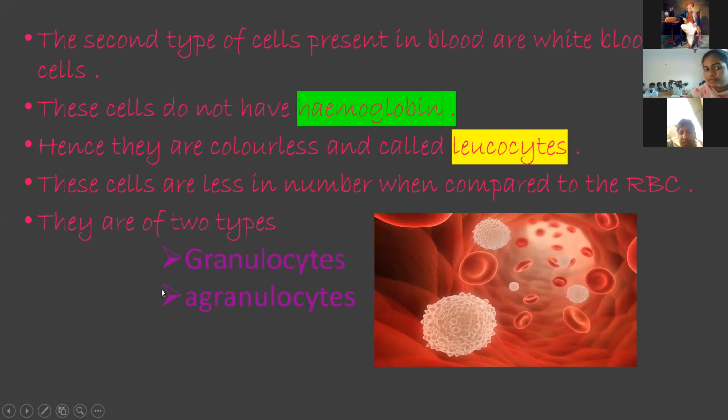Next, these cells are less in number compared to the RBC. Next, the white blood cells are divided into two types.